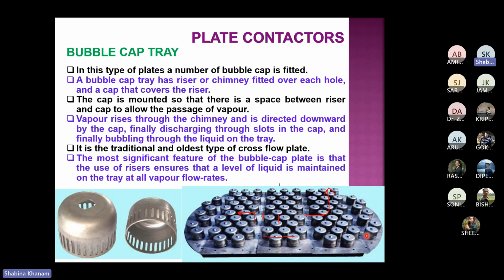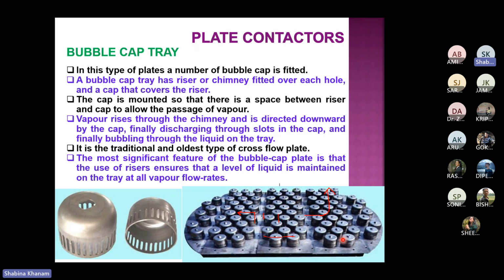In the bubble cap tray, these bubble caps simply sit over the riser which is attached to each hole. Because of these caps, there is a provision for vapor to move from here and there, as we have just discussed, but in no case are the bubble caps allowed to move up or down.